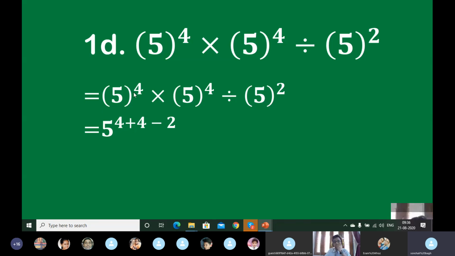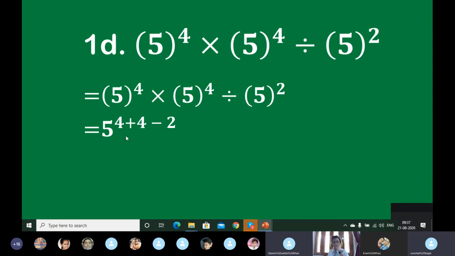This bracket is only for raised to the power 4, not for separating operators. The brackets are used to show the power, but not for separating operators.